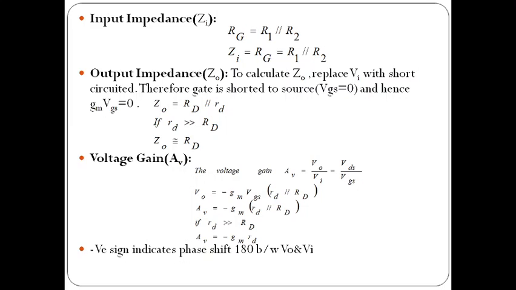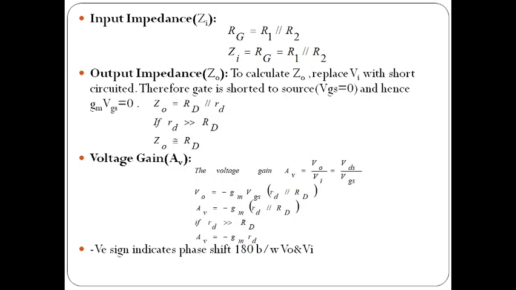From that we can write AV, the voltage gain, equals V0 by VI equals minus gm into rd parallel to capital RD. Again, when the dynamic drain resistance is greater than the capital RD value, AV equals minus gm into capital RD. The negative sign indicates the phase shift between the output voltage and input voltage.